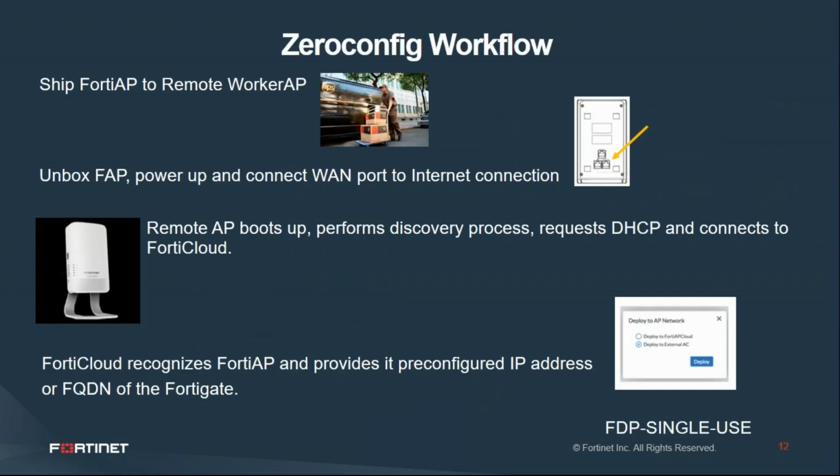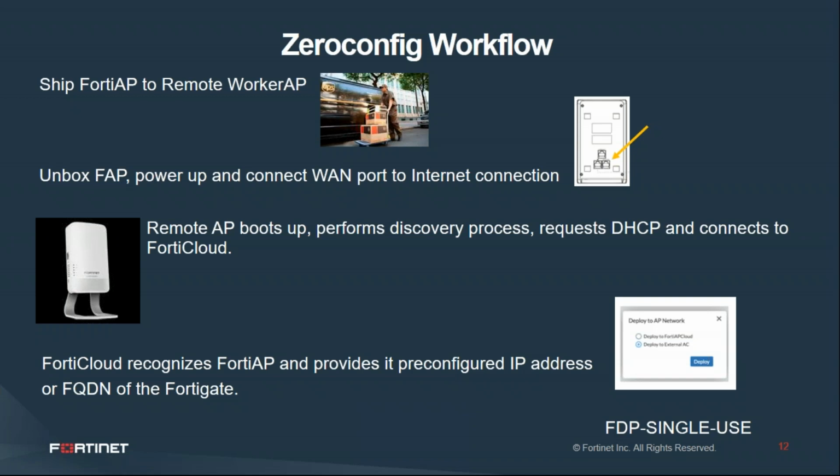A little bit about the zero config workflow and how the zero config and the access point deployment model works. There's no configuration needed on the access point itself, so you don't need to take the access points out of the box and do any configuration on them with the zero config workflow.